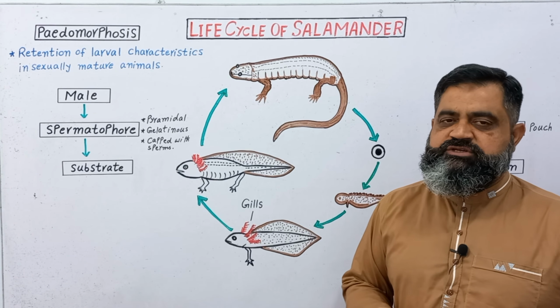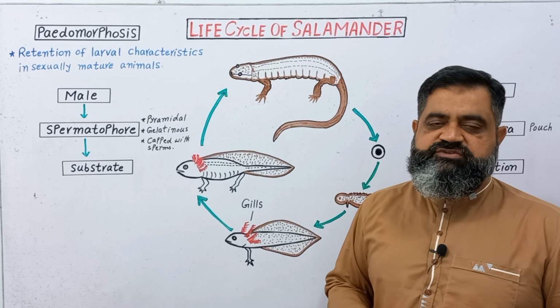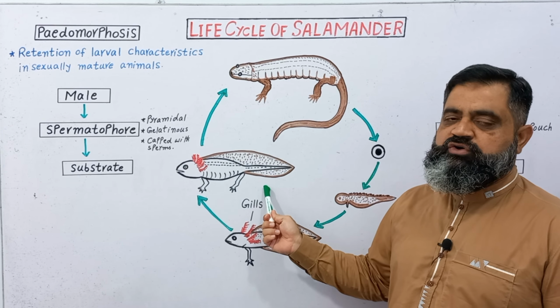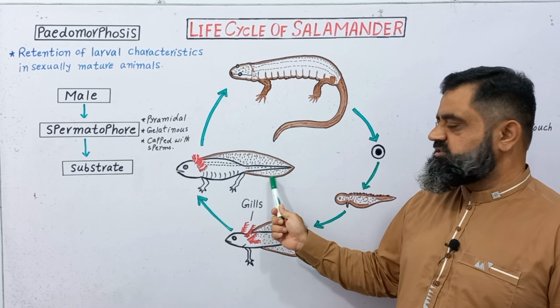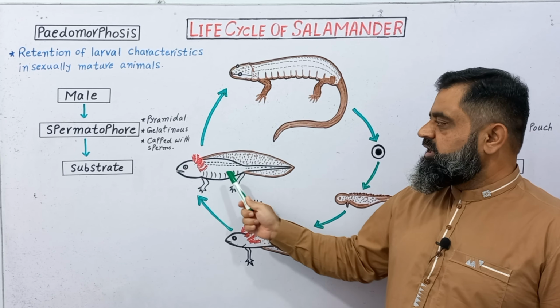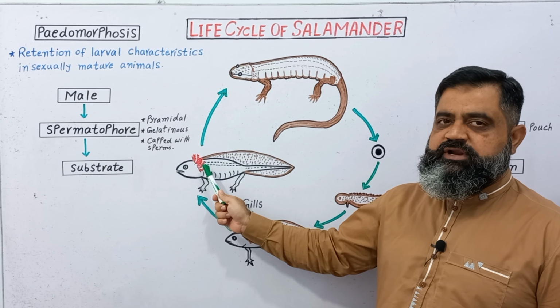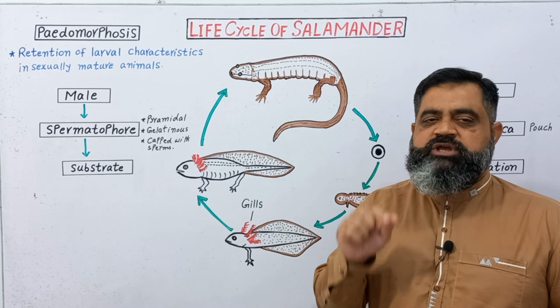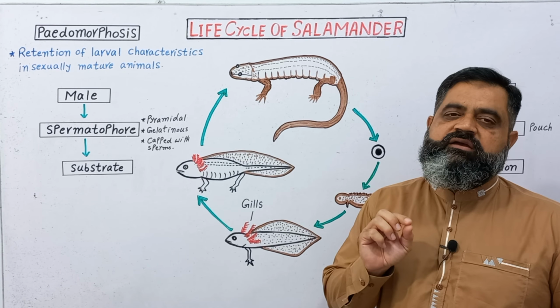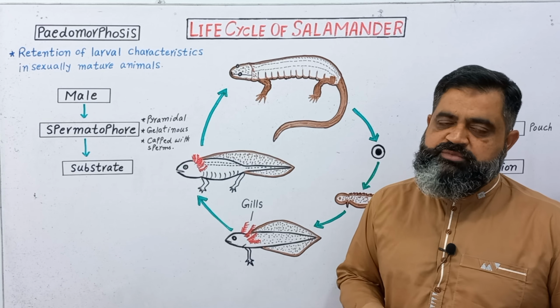During metamorphosis, there are certain changes which take place in the body of a larval form of salamander. The tail disappears or is removed. Gills also disappear. Teeth are formed and the mouth becomes wider and tongue also appears.